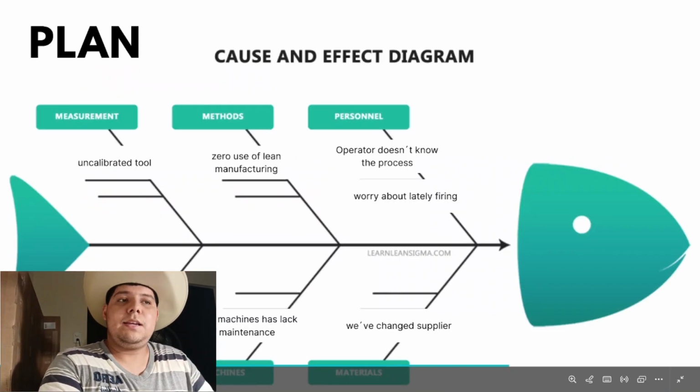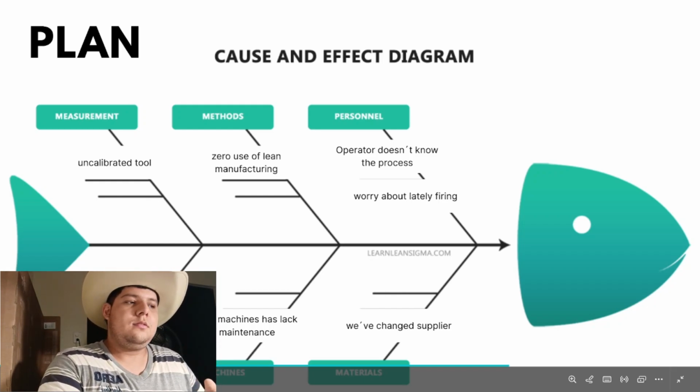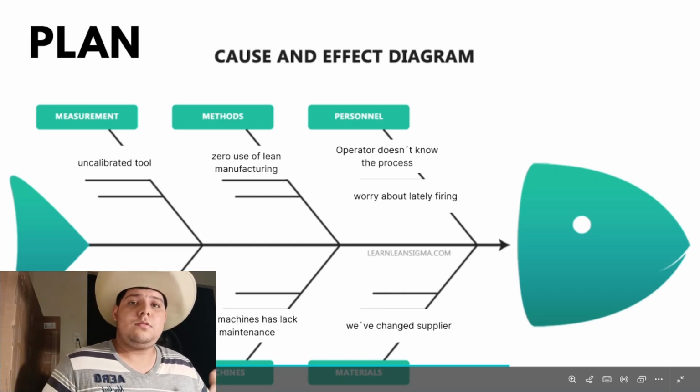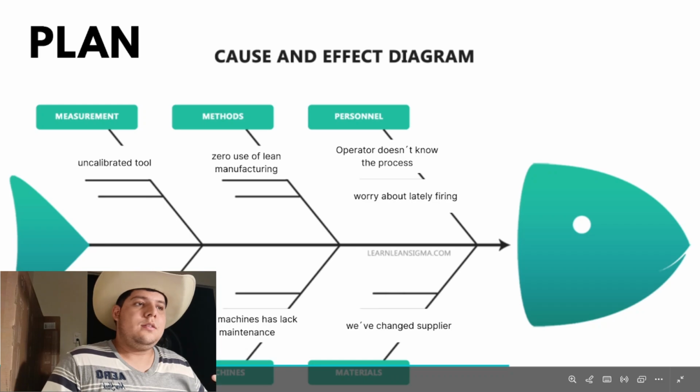In the plan stage, we have to analyze some possible problems that affect the assembly line. So we use an Ishikawa diagram, or cause and effect diagram, to look at some reasons that affect the assembly line.